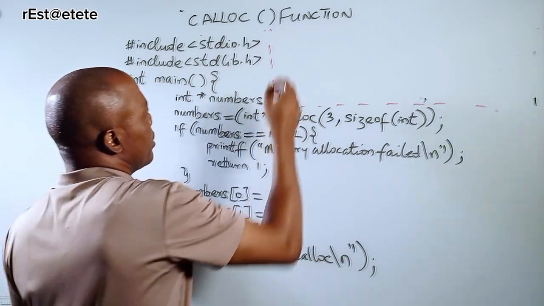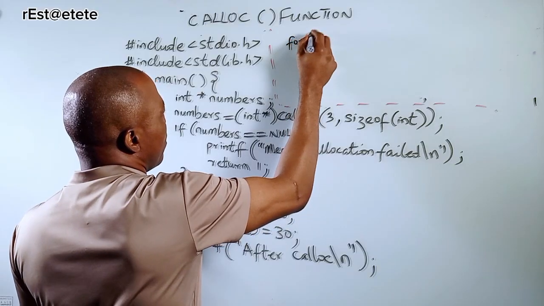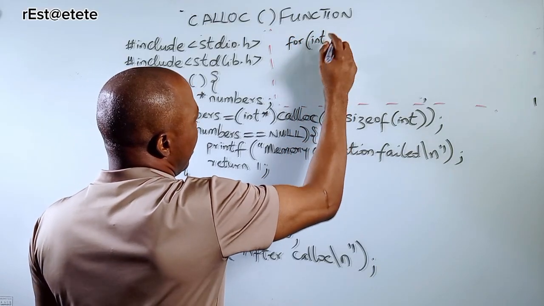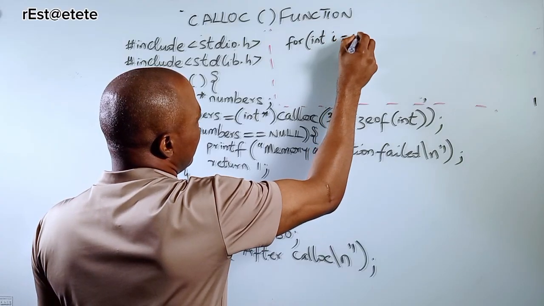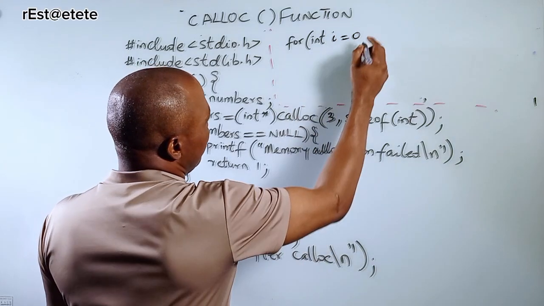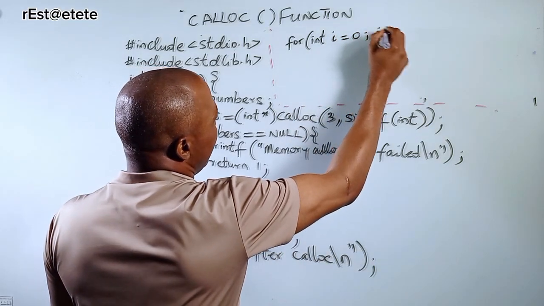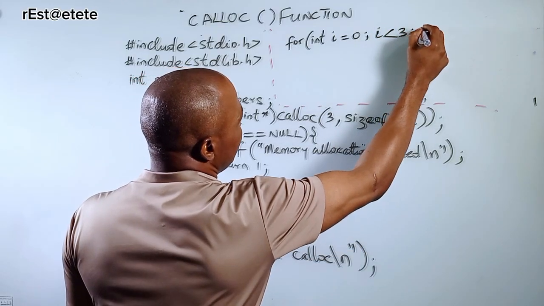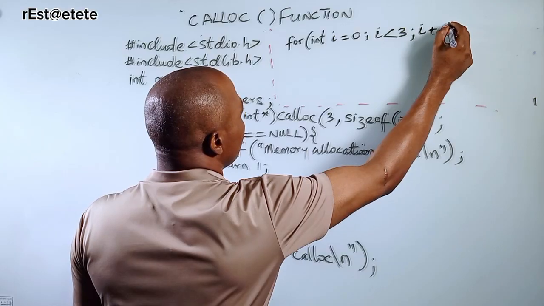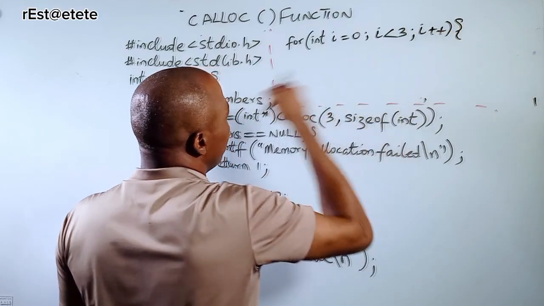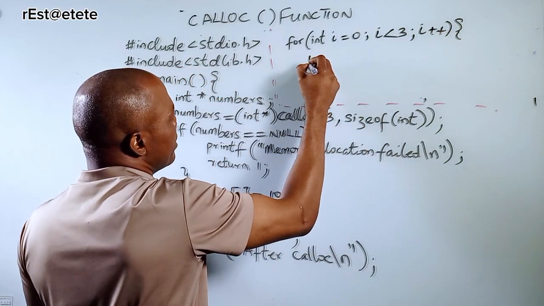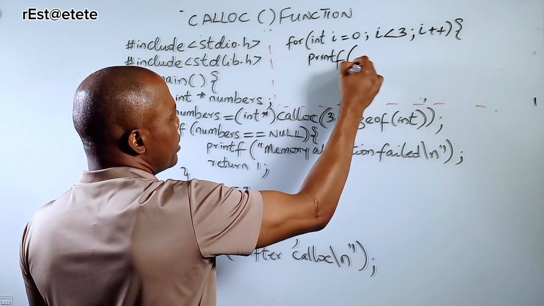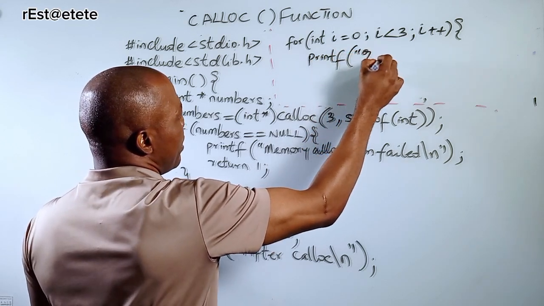What I want to write here should be under this place, but because of the board, I'll say for int i, because I didn't declare it outside, I'll declare and initialize: i equals 0, then i less than 3, then i plus plus. I'll close this curly bracket. Now inside this place, I'll say printf. I want to print it out on the screen. %d.